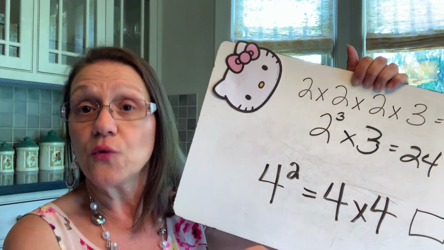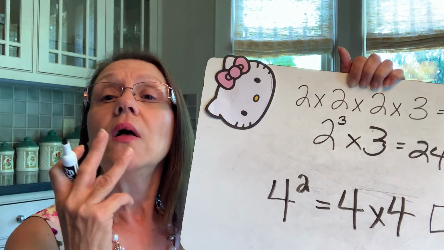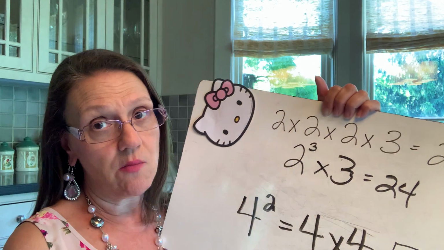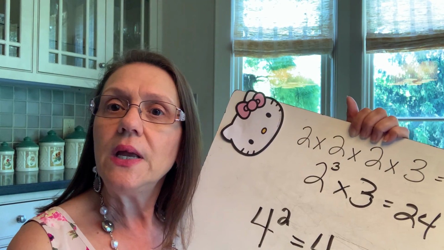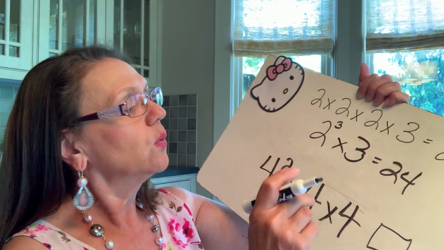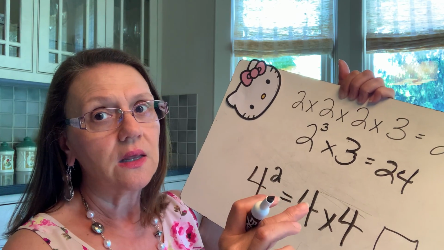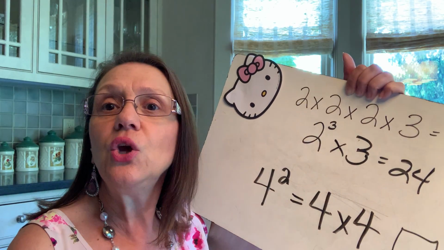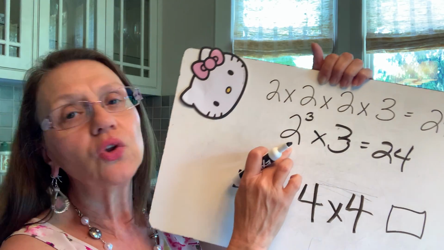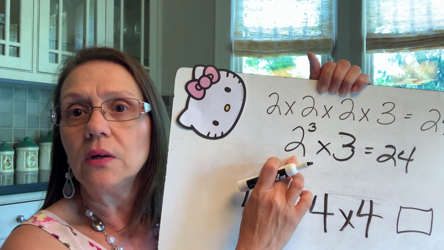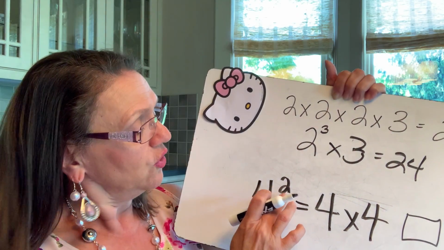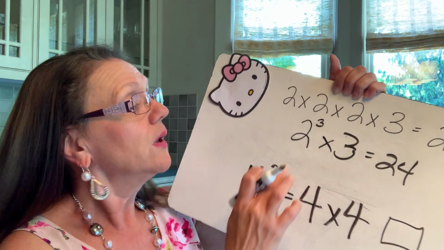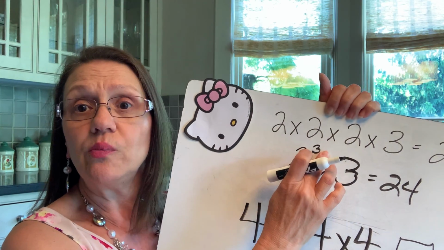When we have to the power of 3, we have 3 digits being multiplied together, and that would be like finding a volume, which is length times width times height, 3 of them, which would be a cube. So you may also hear this called 2 cubed. So 2 could also be squared, 3 could also be cubed.